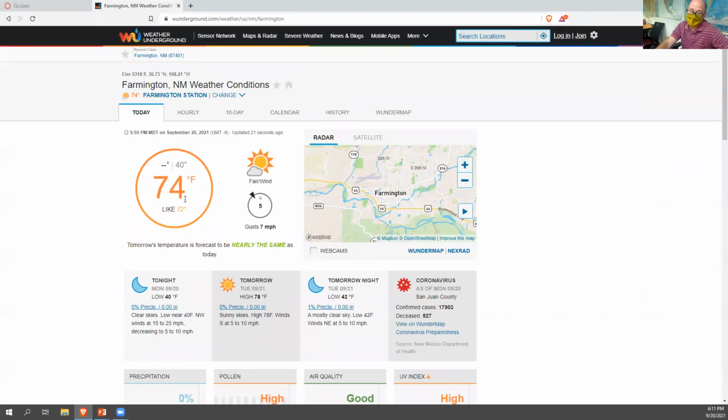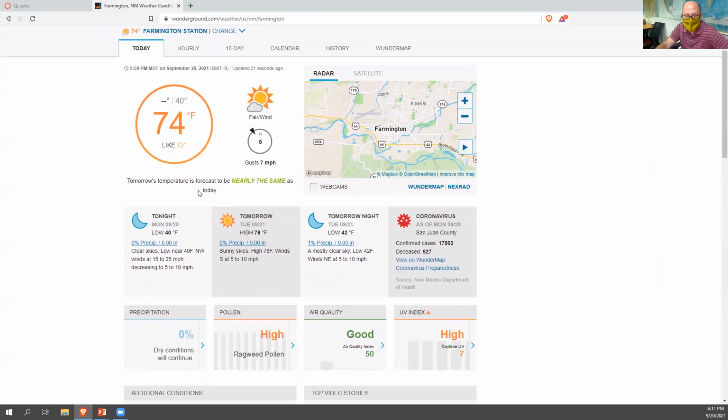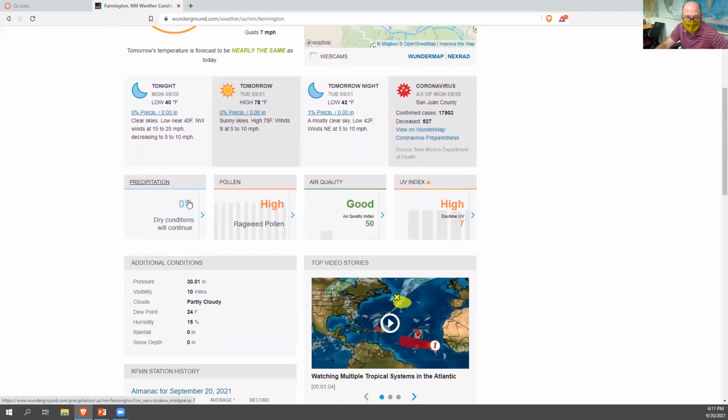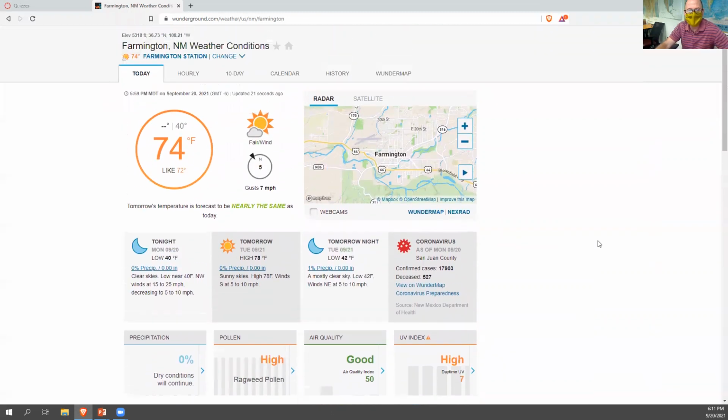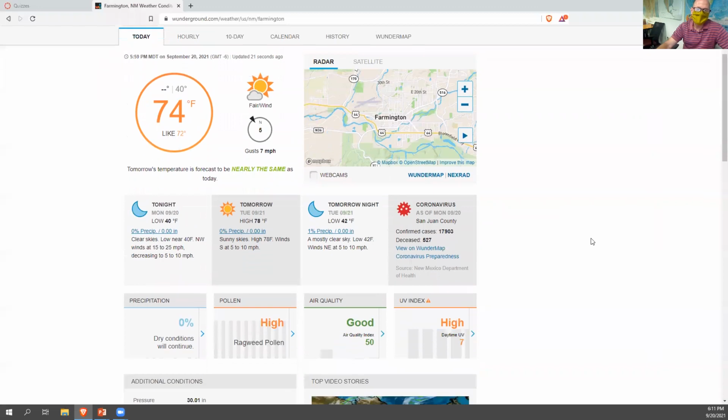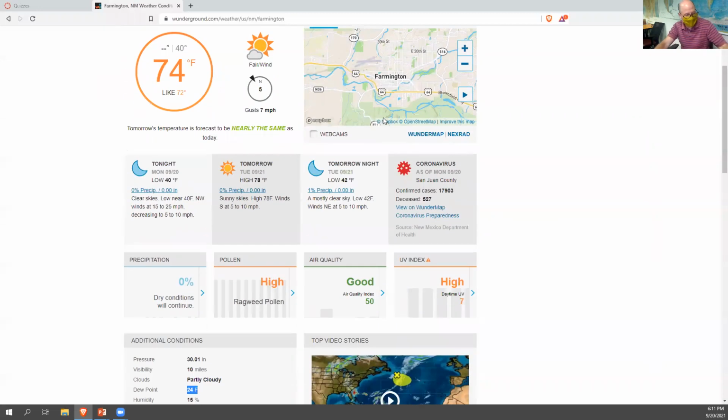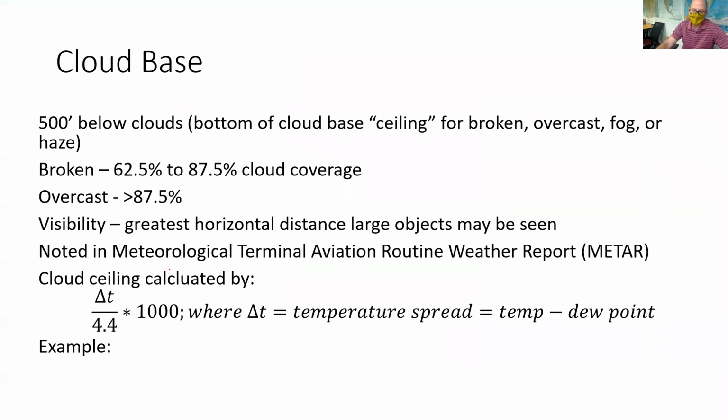All right, so today is 74 degrees right now, and let's see if we can find the dew point here. Dew point is 24 degrees, right? So that's the difference of, oh, that's nice of them, 50 degrees even. So we have a 50-point temperature spread divided by 4.4.